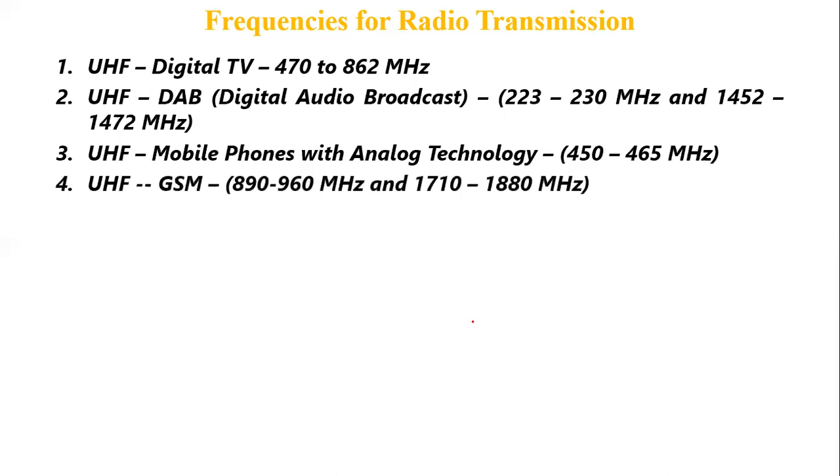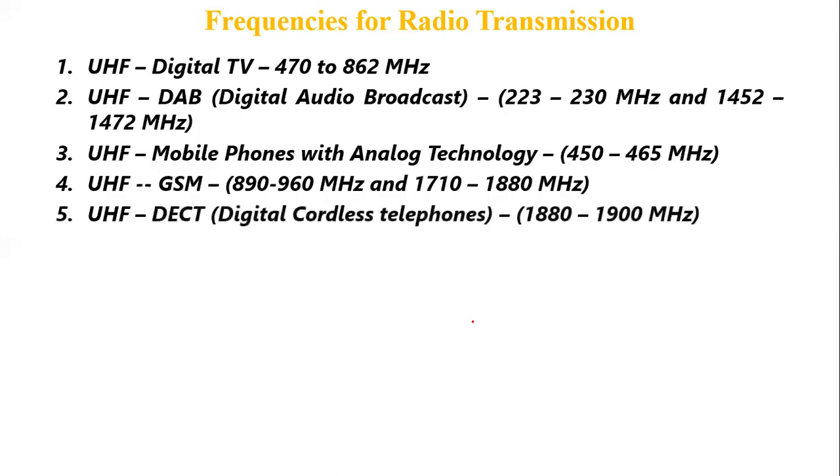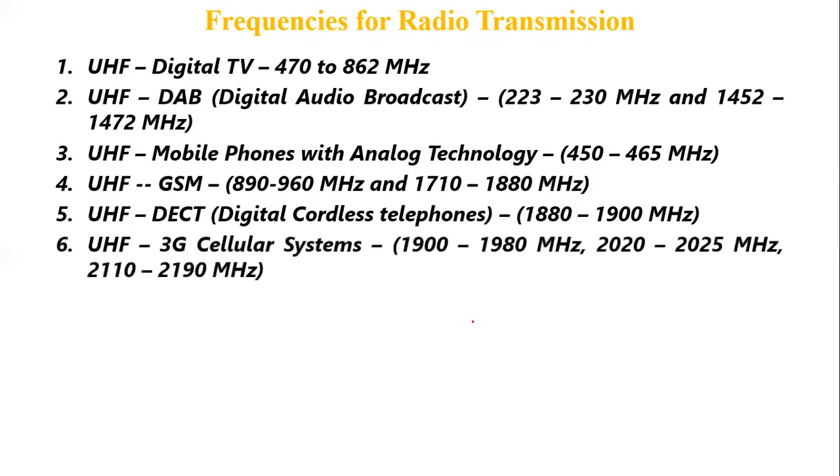And then we have GSM, which is also working in ultra high frequency, in two different bands, 890 to 960 megahertz, and also 1710 to 1880 megahertz. And again we have digital cordless telephones, which also work in ultra high frequencies in the band of 1880 to 1900 megahertz.